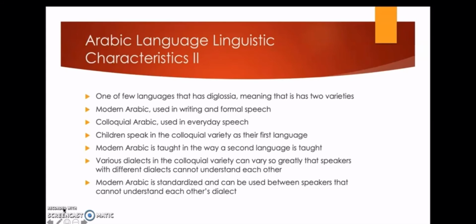The dialects show the variation of the language between countries and regions. These dialects can vary so greatly that people with different dialects cannot understand each other. Some of the common varying dialects are Iraqi, Moroccan, and Levantine.